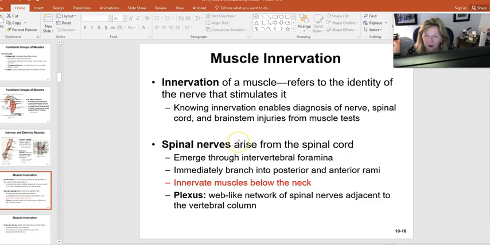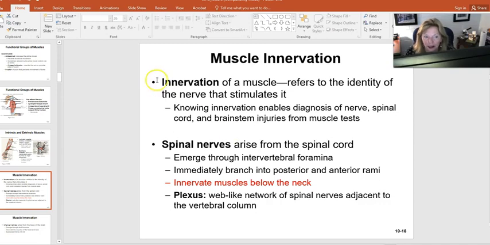Now again, innervation. For skeletal muscles that are under voluntary control, there must be a nerve that actually communicates with that muscle so that the muscle will react. So for each skeletal muscle, there is a known innervation nerve that will be communicating. It's under voluntary control.